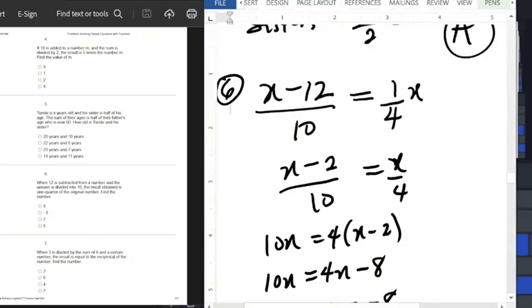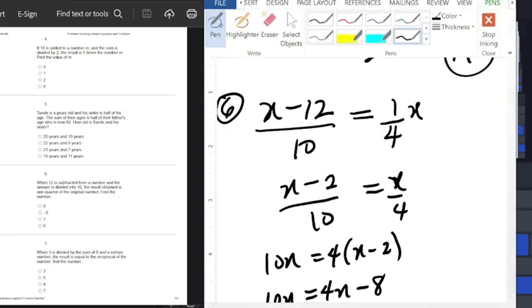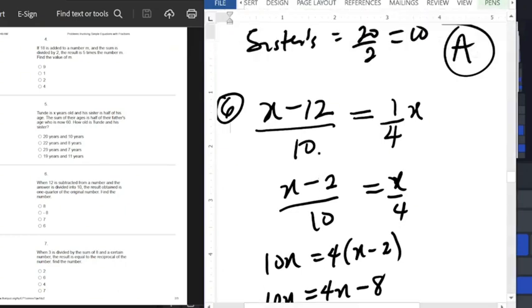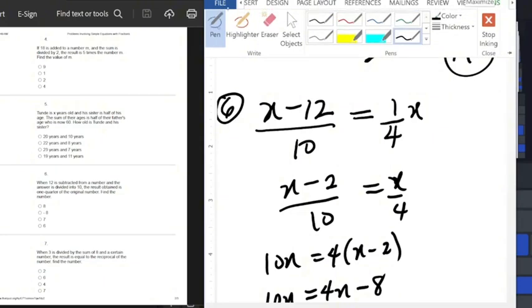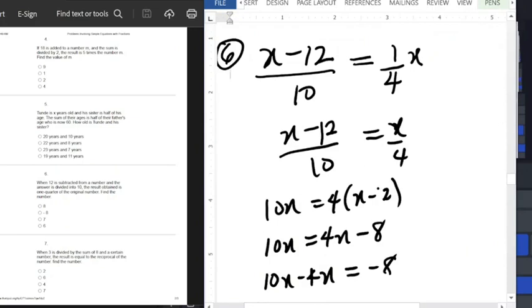So this is 12, not 2, you can see it's just disappearing. So this is 12. So this will give us 48 instead of 8. So this is also minus 48.